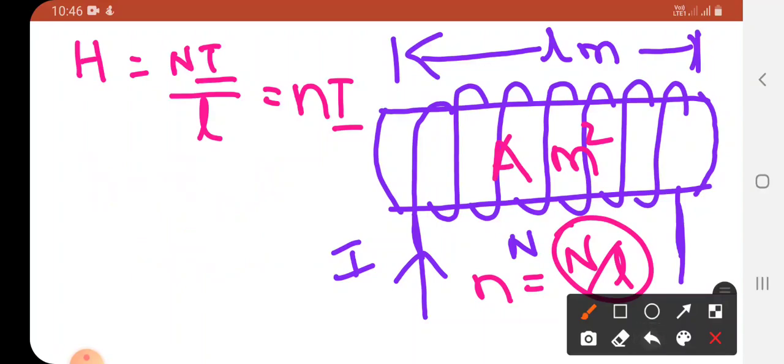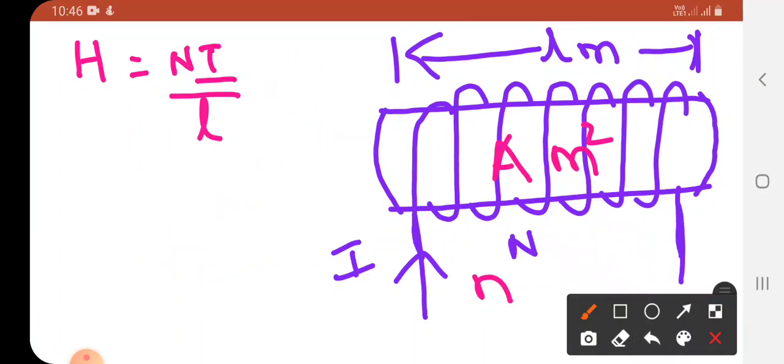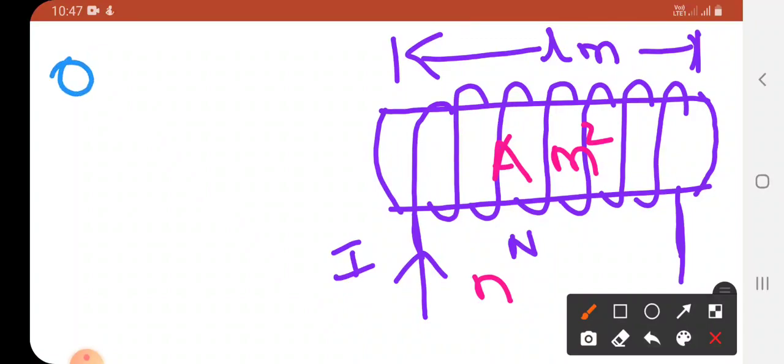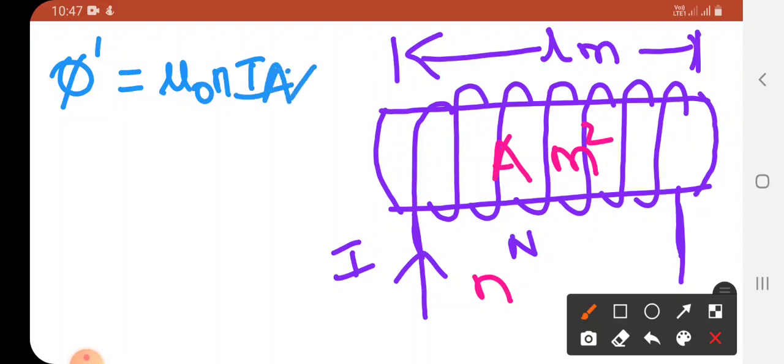Just let me erase this. The flux linked with all turns of the solenoid is given by phi dash is equal to mu naught n I A multiplied by capital N, that is the total number of turns.